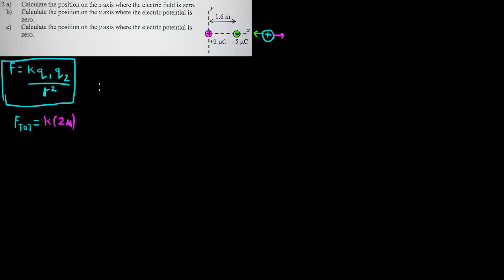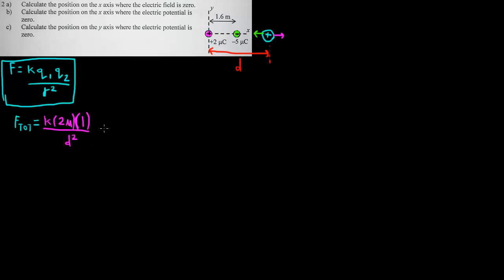And then times the point test charge, we're just going to give it a 1. And that's going to be all over a distance, but what distance? Let us define the arbitrary distance between these two here, and we'll call this d. So that's going to be all over d squared.